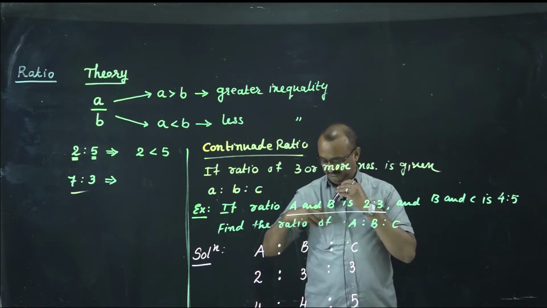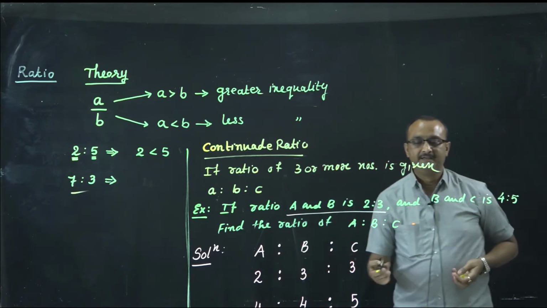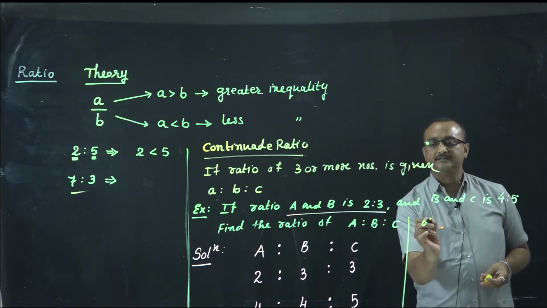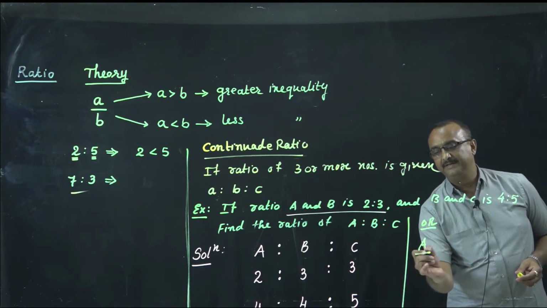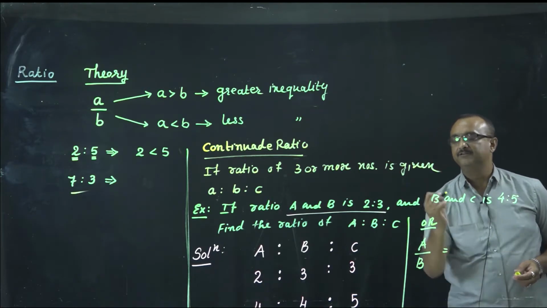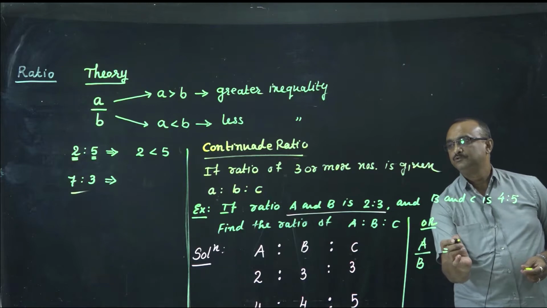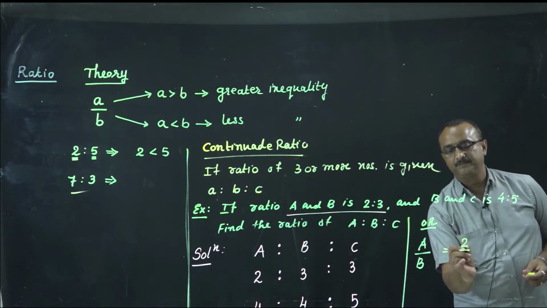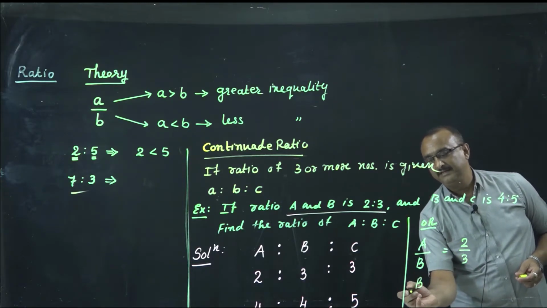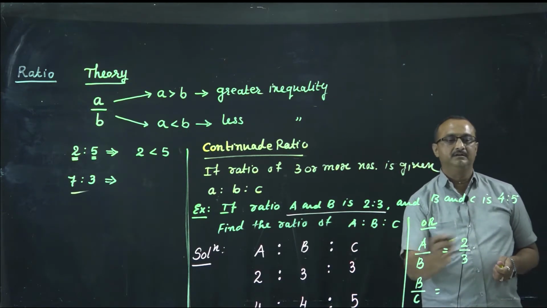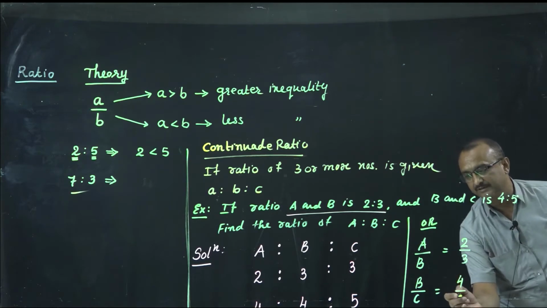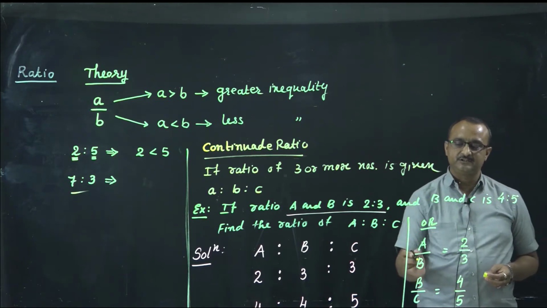Again, one more method we are taking. A by B equals what? 2/3. Okay. And B is to C equals what? 4:5. Now find which is the common number.